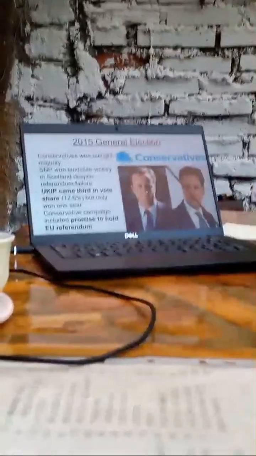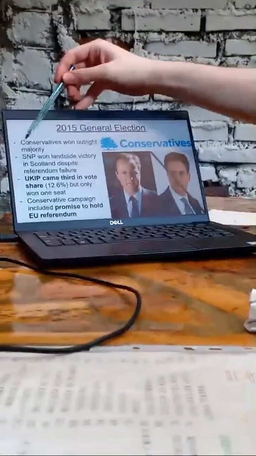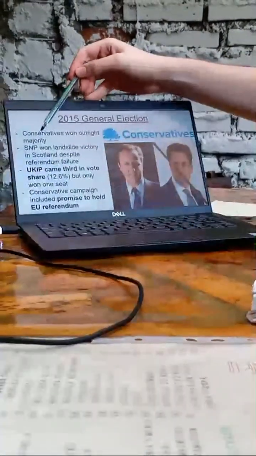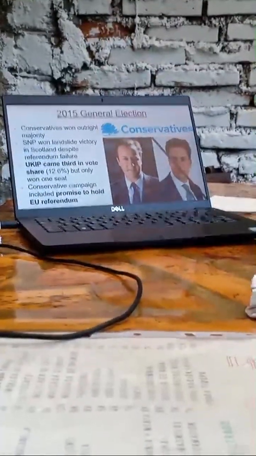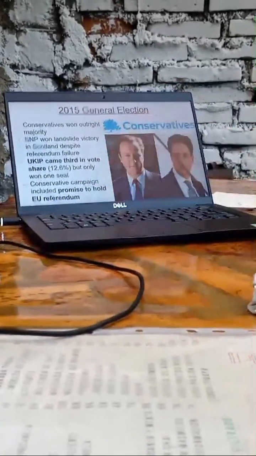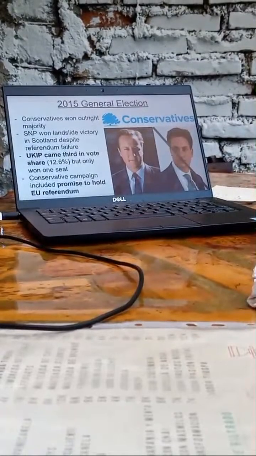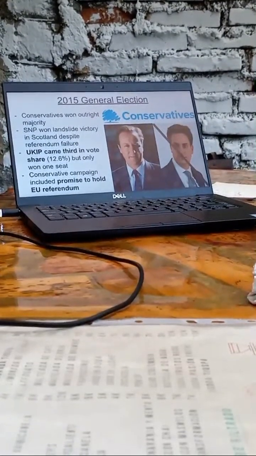In the past election, the Conservatives, by the way, these guys are also called Tories. A nickname for the Conservatives is the Tories. So if you're listening to news about British politics, you might hear them refer to the Tories. That just means Conservatives. They won an outright majority.